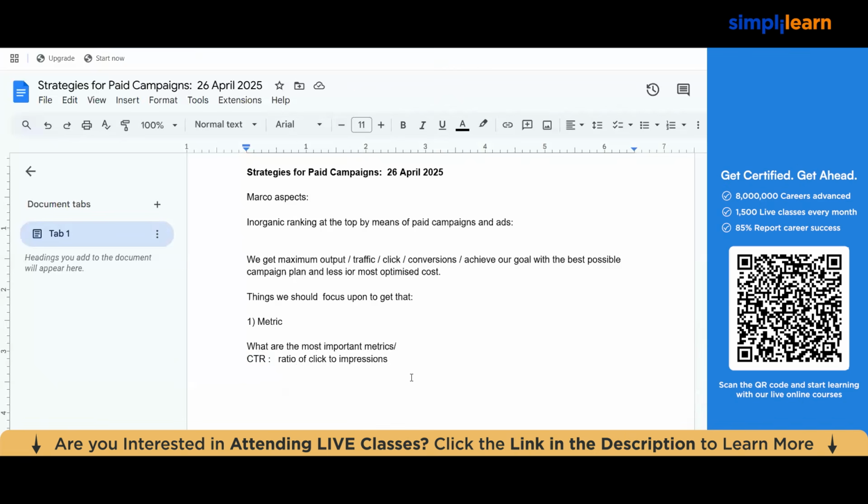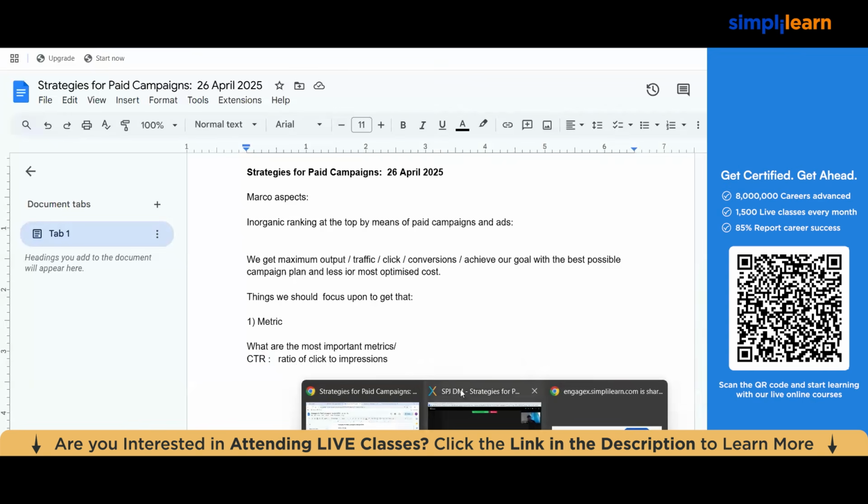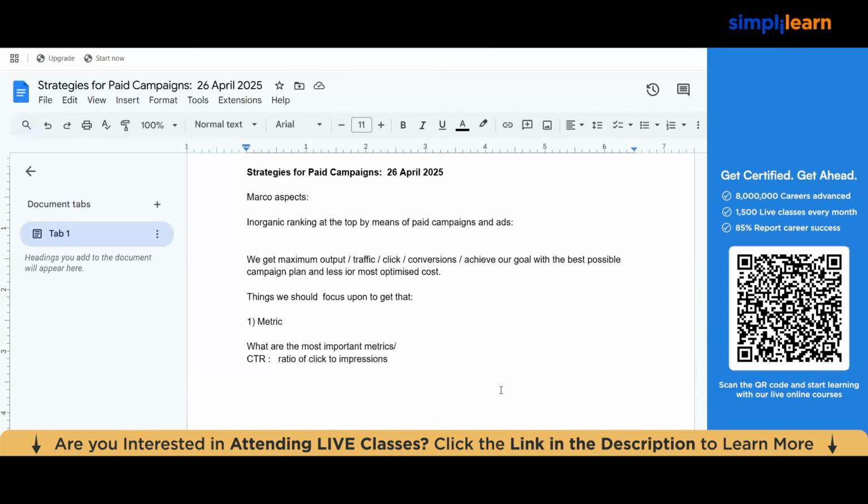So if I want to measure the success of a campaign on the basis of CTR, then I would need to know the category standard as per the campaign type and the industry type, and then see whether I am able to achieve the industry standard or not.